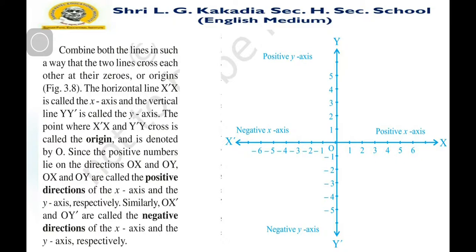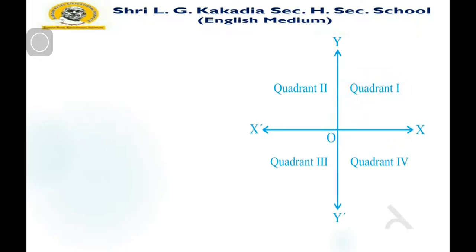Now let us understand how we can denote a point on this Cartesian system. So here, if we take the combination of two lines, then you can see it divides the plane into four quadrants.